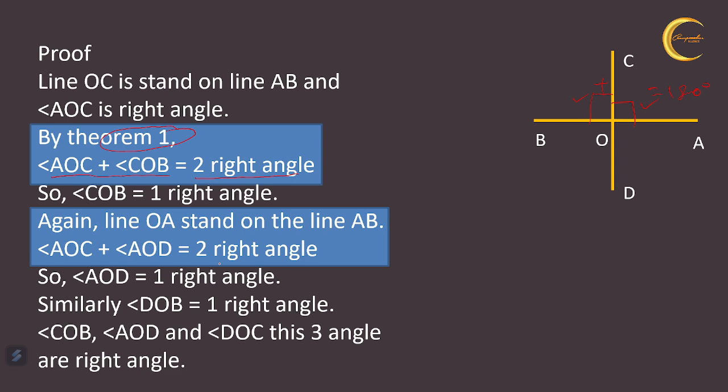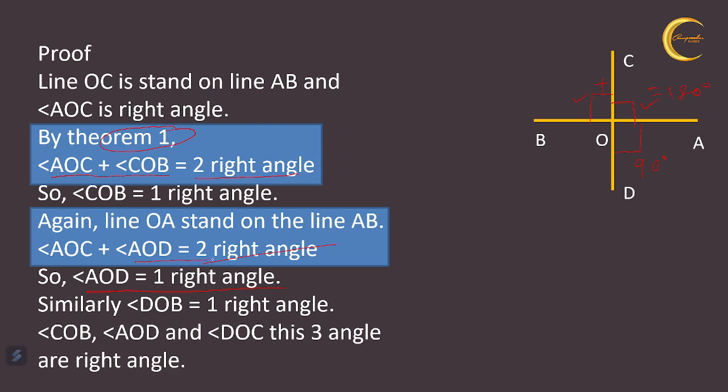Okay. Now come to another angle. So here this AOC and this AOD, this OA line stands on the CD line, so this angle is 90 degrees and this angle is the supplementary angle, so this angle should be 90 degrees. I have written here AOC and AOD equal two right angles, and it is the supplementary angle, so this is one right angle.